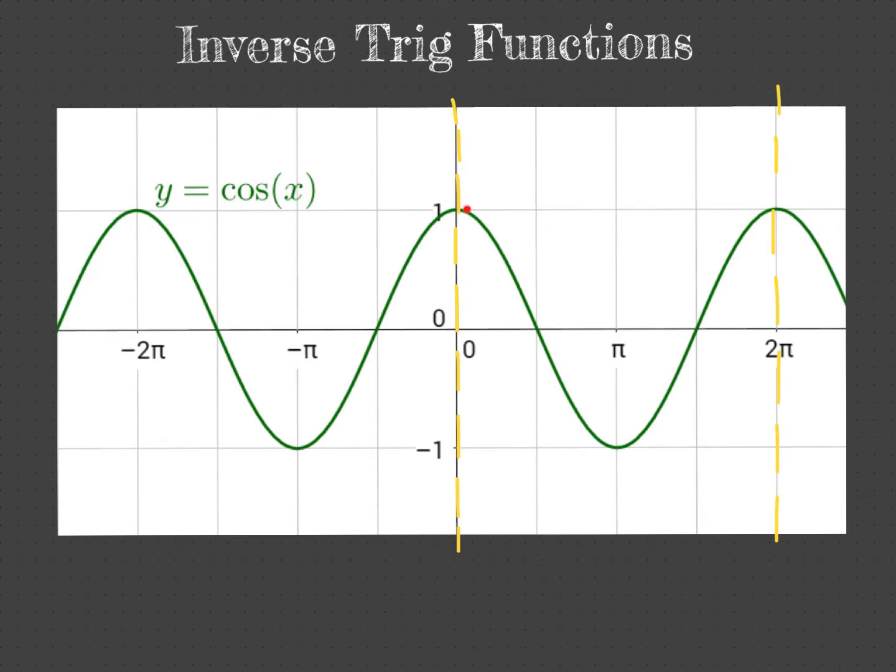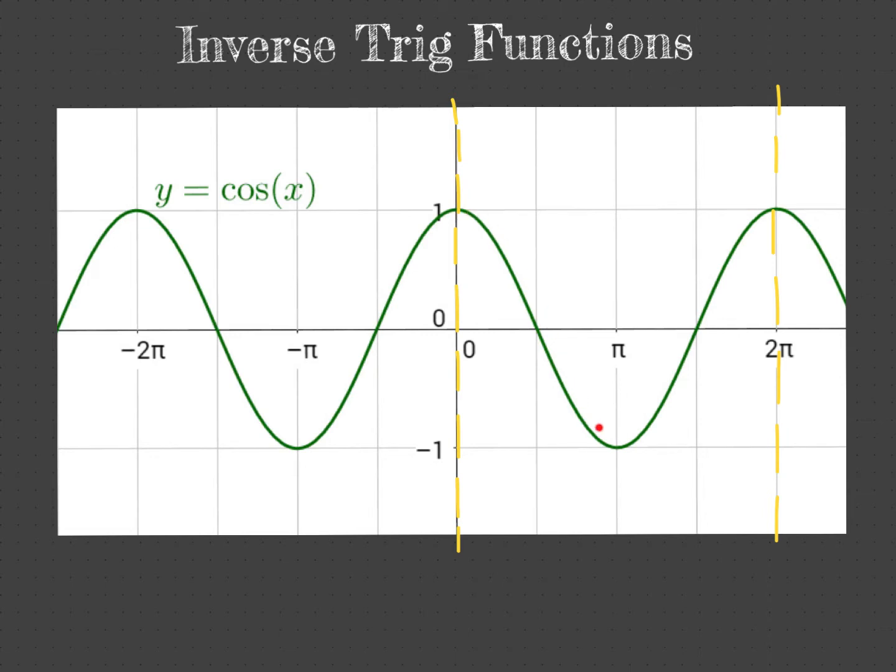So while clearly this snippet of the cosine curve is a function, is it a one-to-one function? Meaning, is its inverse also a function? No, that doesn't pass the horizontal line test here. I could draw horizontal lines in between here, and they hit the graph more than one time.